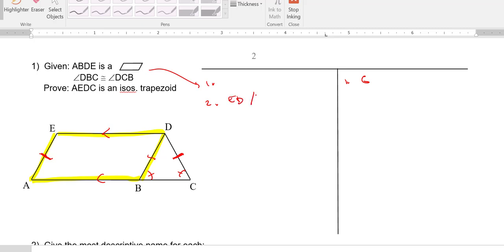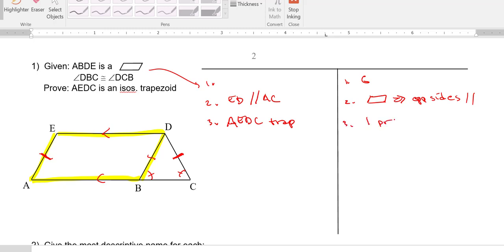So ED is parallel to AC, because if you have a parallelogram, then opposite sides are parallel. And now, because of that, I can say that AEDC is a trapezoid.